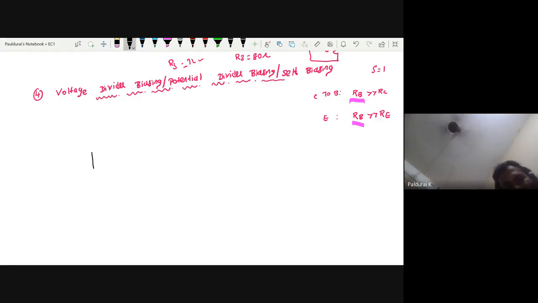You know how to sketch the circuit diagram for emitter biasing, so this time draw the emitter biasing. This is my RE, and on the output side we will connect the biasing voltage through RC, and the input side also you will connect the same biasing voltage VCC.